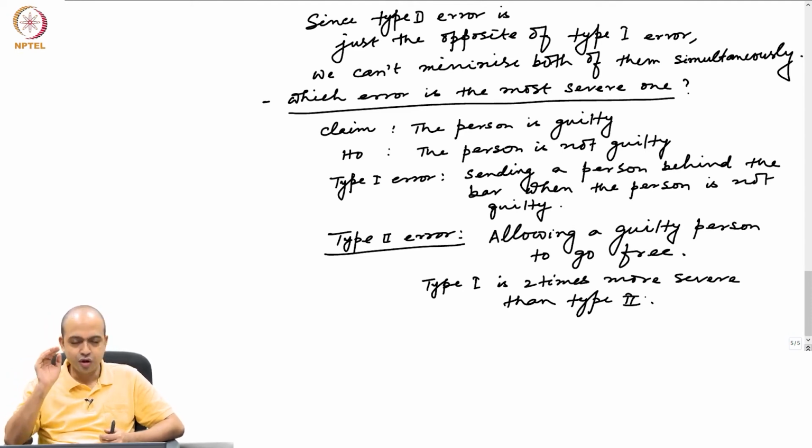Then statisticians say that since the type 1 error is most severe, you keep the type 1 error fixed at a pre-specified level.